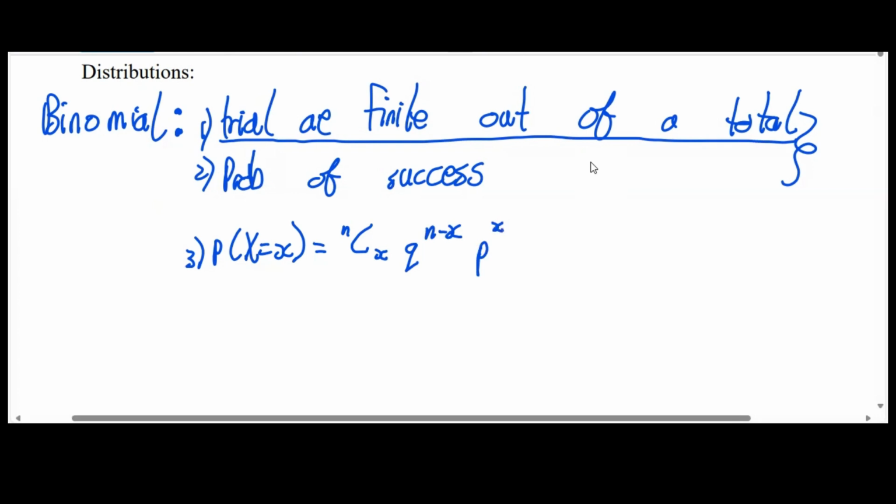This piece here, nCx or nCr, is just n factorial divided by (n minus r) factorial times r factorial.